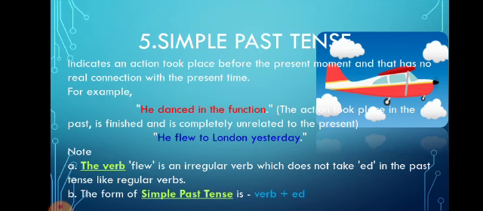That's why we call it irregular verb, which does not take ed to change the form of the verb. The form of simple past tense is verb plus ed for regular verb. For irregular verb, the whole form of the verb may change. For example, the past form of go, went, the past form of eat, ate, and so on. You can refer to the dictionary for more regular verbs.